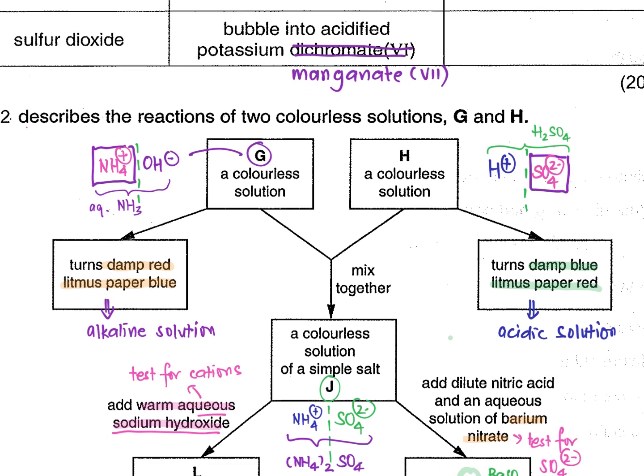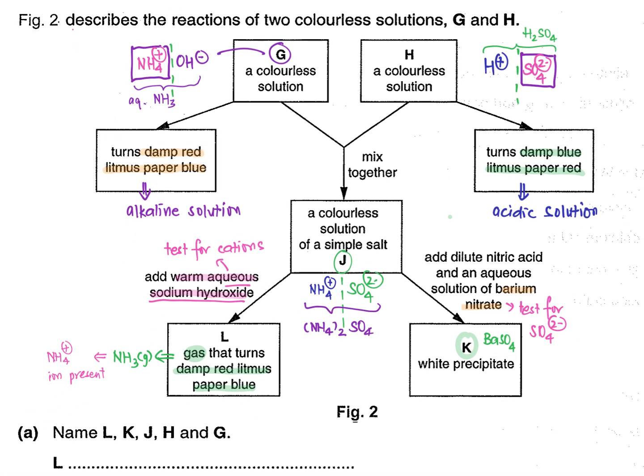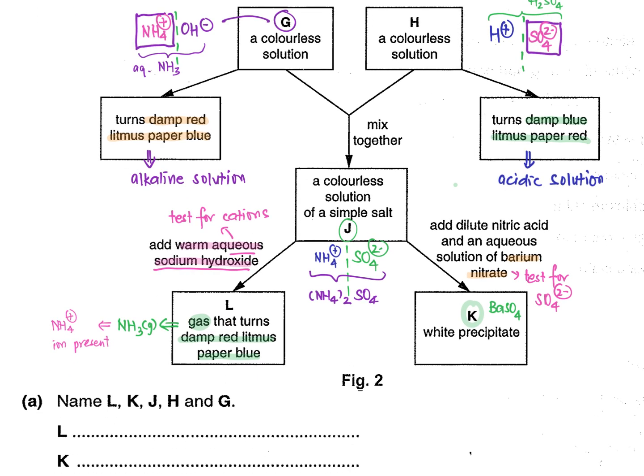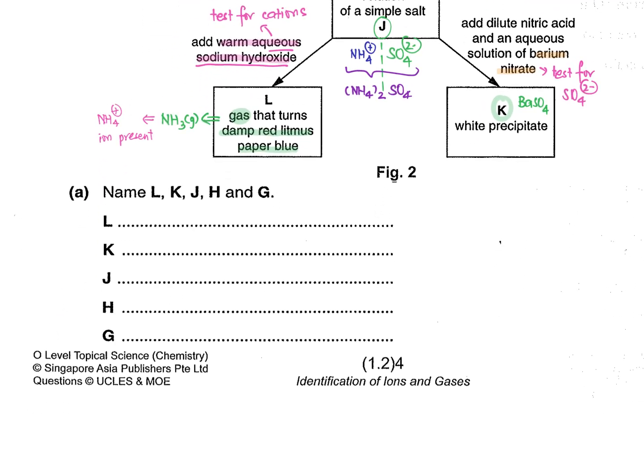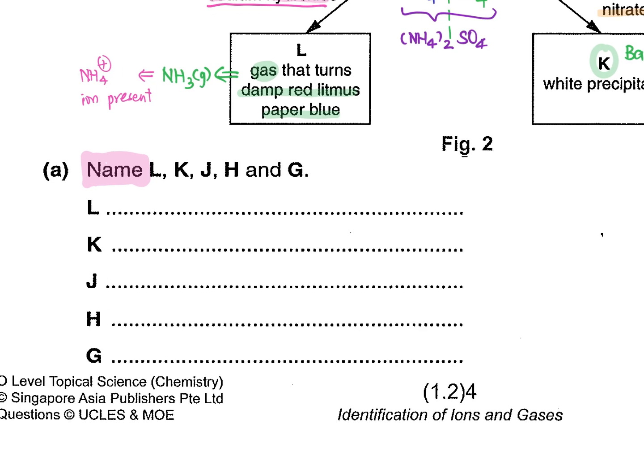Okay, so with this, you can solve all the unknowns in this flow chart. Then let's look at the answers that you need to fill up in your part A. Take note, you are supposed to be naming these, so you cannot write down the chemical formula. Your L, which we identified earlier, is ammonia gas. Please write in the word gas. The K that we identified is barium sulfate.